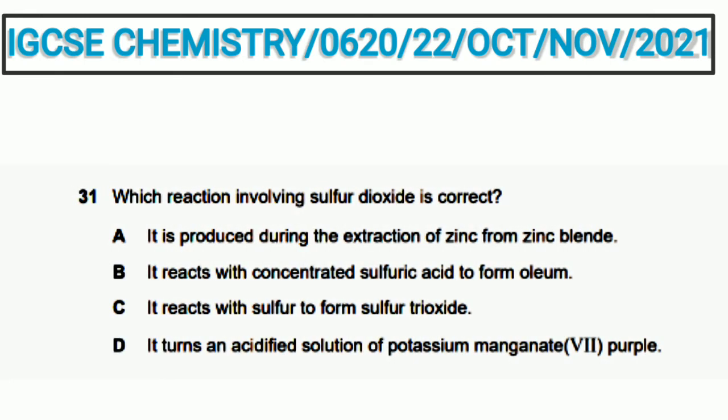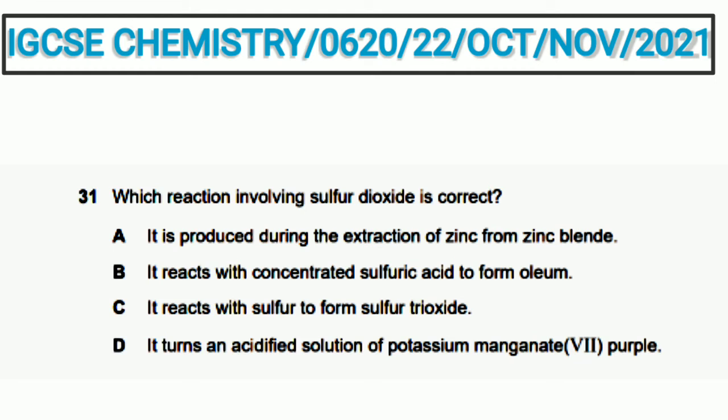Question number 31. Which statement about sulfur dioxide is correct? Statement A. It is produced during extraction of zinc from zinc blende. It is a correct statement. B. It reacts with concentrated sulfuric acid to form oleum. No. Sulfur trioxide reacts with sulfuric acid to form oleum. Statement C. It reacts with sulfur to form sulfur trioxide.